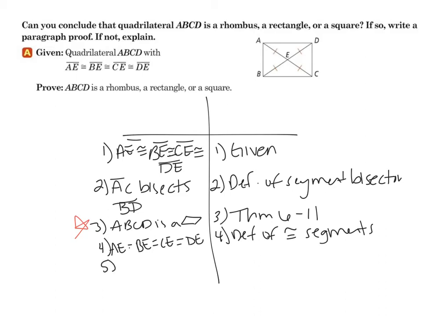Next, we can say that AC is equal to DB by the segment addition postulate.